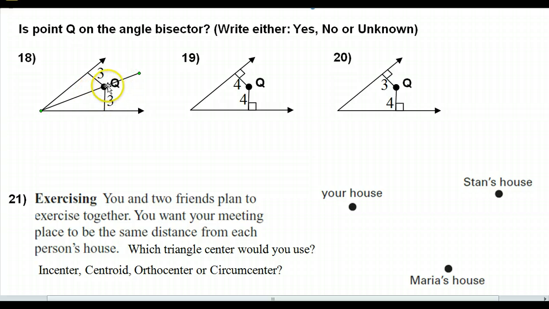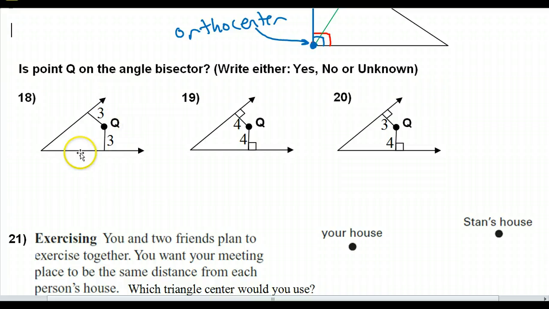But here's the main thing that you need to know. If the distances are not perpendicular, they tell us nothing. One more time. To have any information at all, these distances have to be perpendicular. If they are not perpendicular, the distances don't tell us anything.